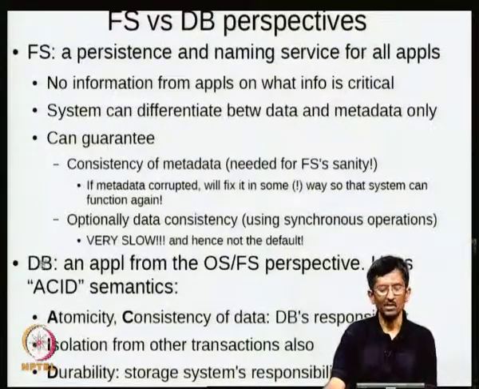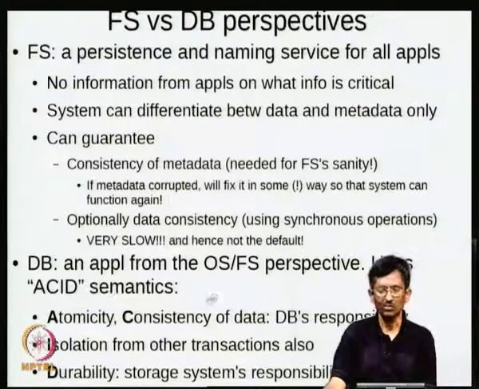A database, on the other hand, usually deals with some real world important information like bank balances and other things. It can't take this approach, because if your bank balance becomes inconsistent, it is going to be a serious issue. Therefore, databases, in spite of slowness, will insist on a particular set of semantics.